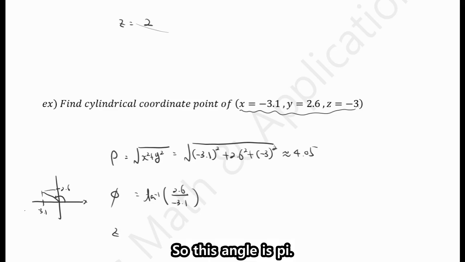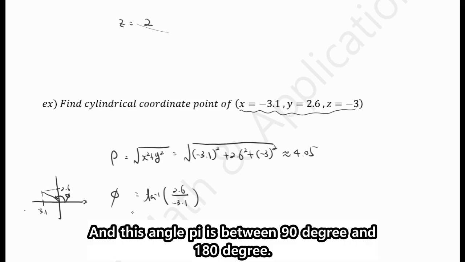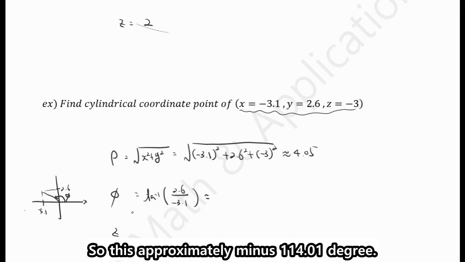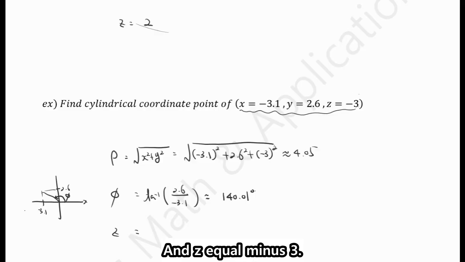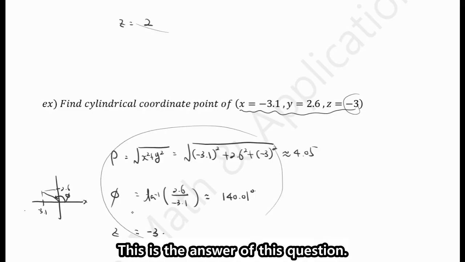So the angle phi is between pi over 2 and pi, between 90 degrees and 180 degrees. So this is approximately 139.99 degrees, and z equals minus 3, the same as in rectangular coordinate. This is the answer of this question.